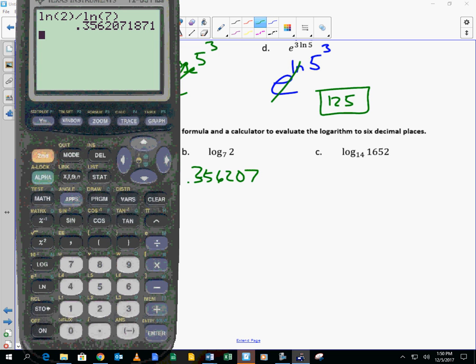I got too excited. Sorry about that. And the last one again, log of 1652 divided by log of 14. 2.807723. Okay, 6 decimal places. So using a change of base is important.